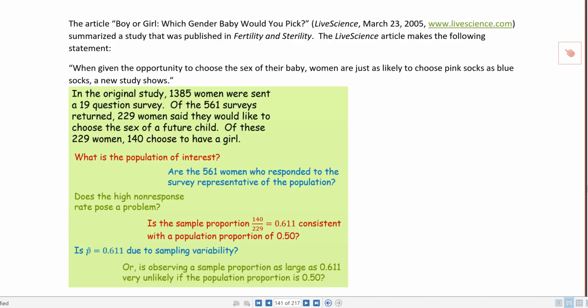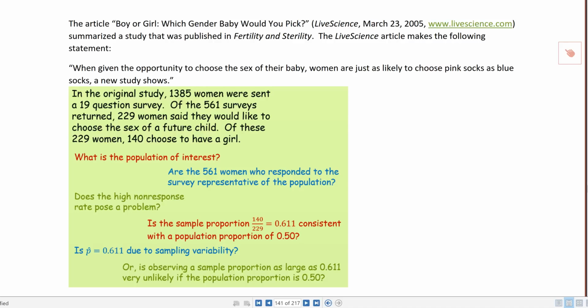Does the high non-response rate pose a problem? Remember, they sent out 1,385 surveys. Only 561 surveys were returned, and that actually is pretty consistent with what happens when you send out surveys.